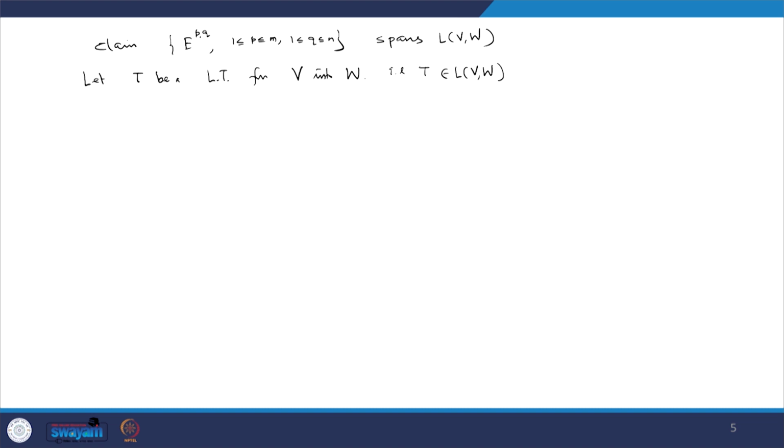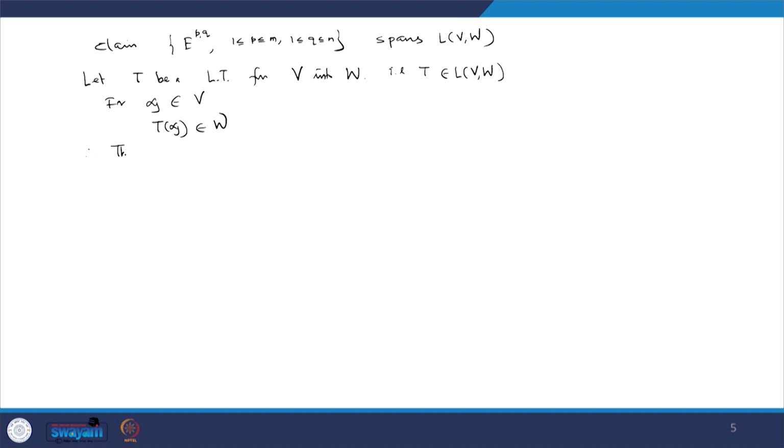My claim is that T can be written as a linear combination of these mn linear transformations. For alpha j belonging to V, this alpha j is a basis element of V. Now, T alpha j belongs to W. So, this means that I will be able to express T alpha j as a linear combination of the basis elements of W, meaning there exist m constants.